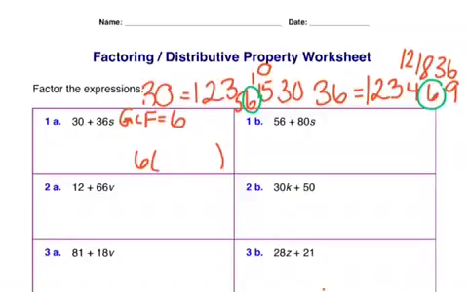Alright, so to figure out what those 2 other terms are, we're going to have to divide out a 6 from both. Okay, so 30 divided by 6 is 5, so there's the first missing factor. Then 36 divided by 6 we know is 6, and then you can't forget the s.